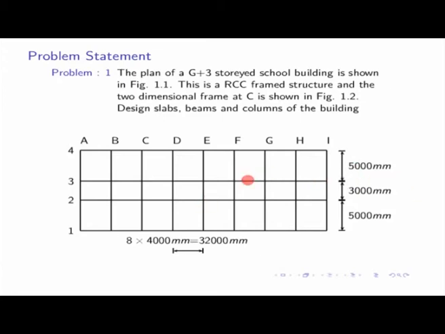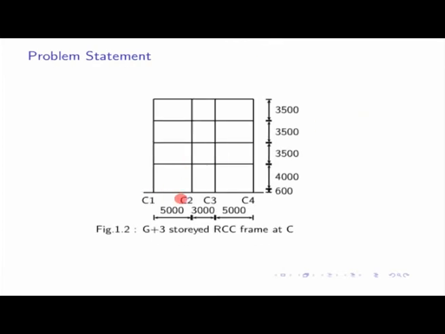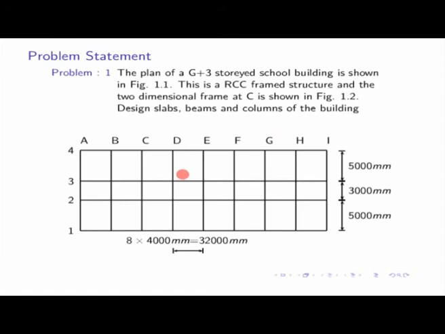So we are having this plan here, and we are considering one of the frames, and let us say I have considered here C1, C2, C3, C4. That means the frame at location C we are considering.